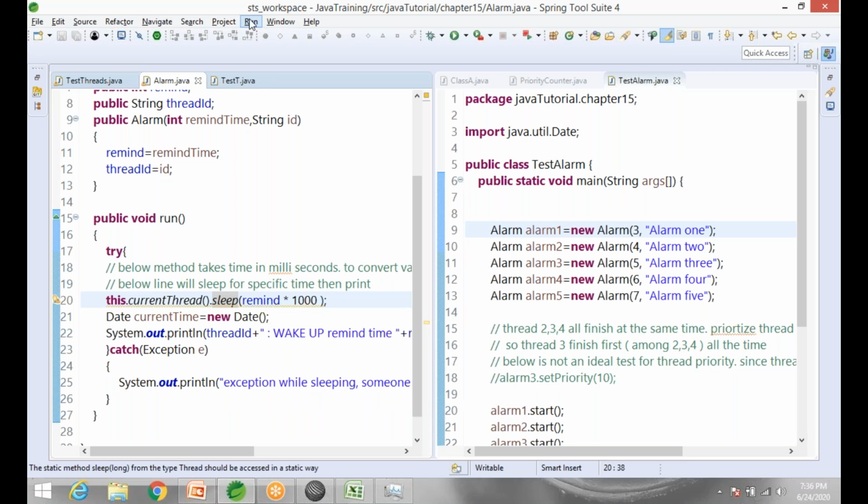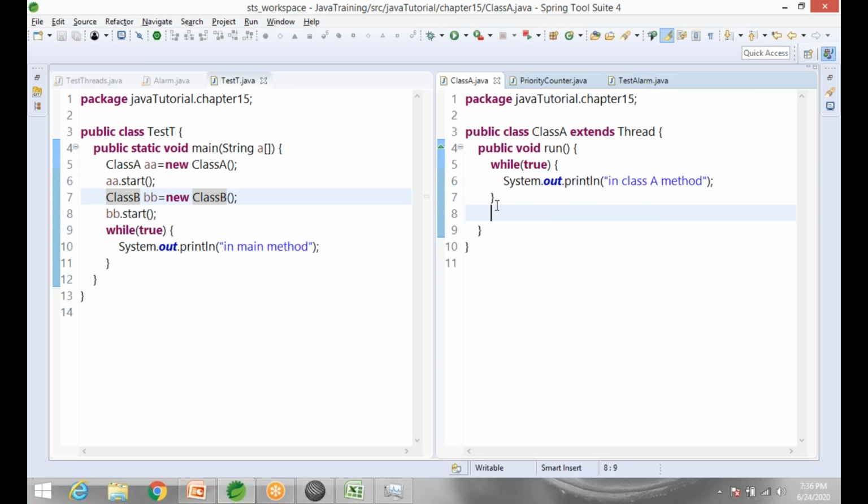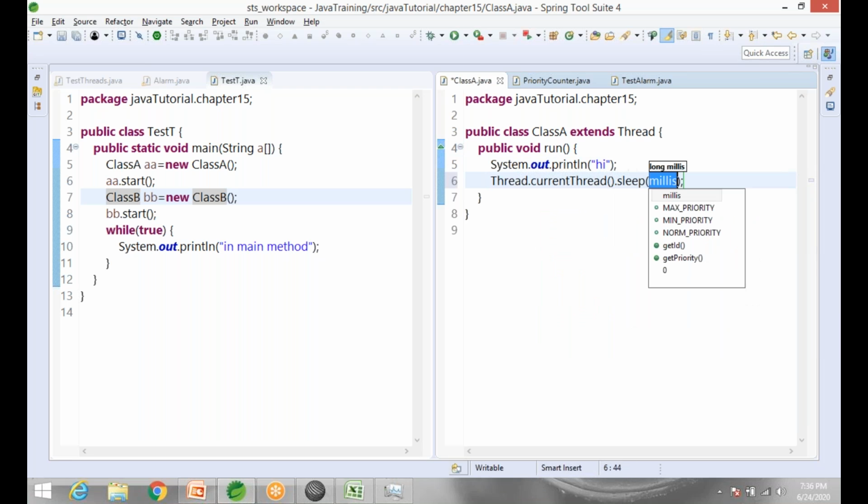Okay, now here I can convert this class into a simple timed waiting. Sleep for 5,000 milliseconds.